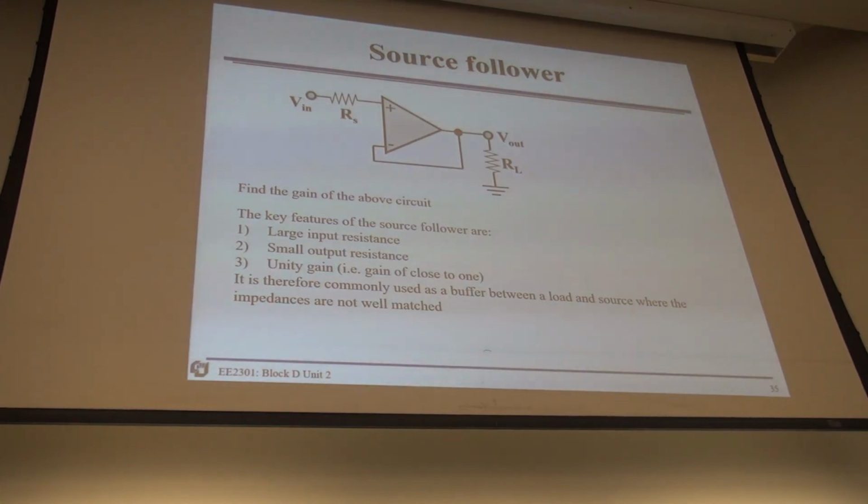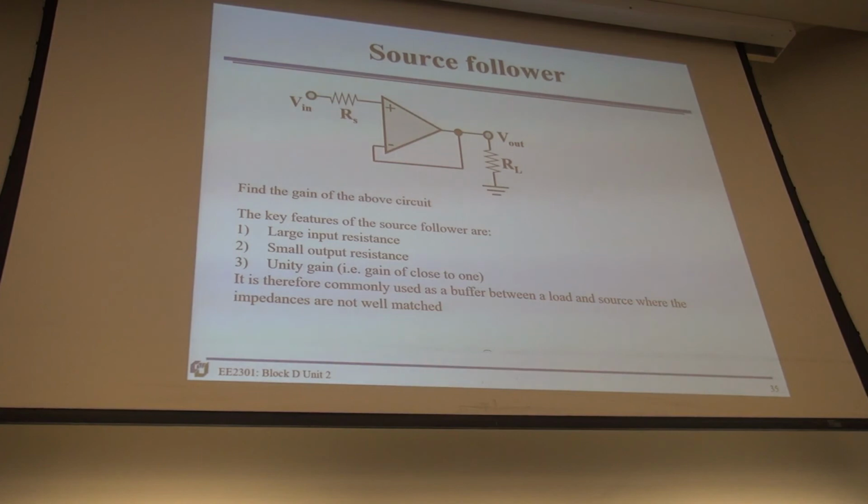So whenever we cascade 0.5 with another 0.5, our understanding is you have something in between that conditions the input impedance and output impedance in exactly this way. The output impedance is very small.